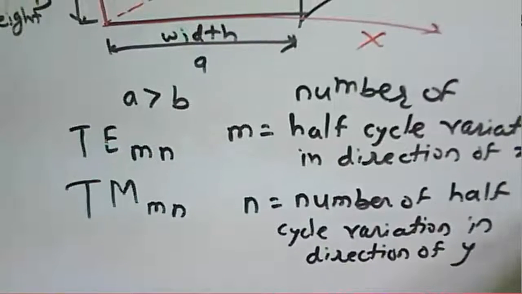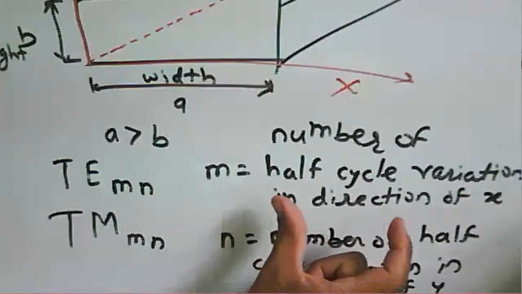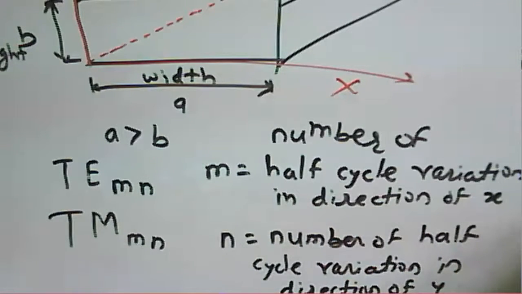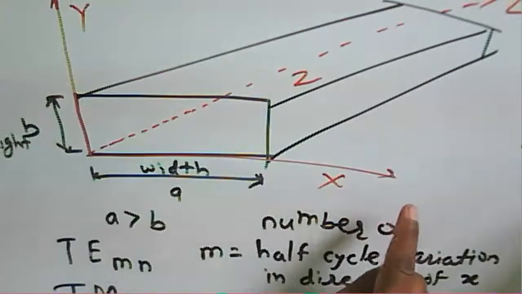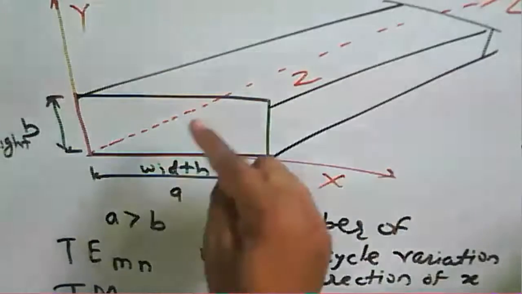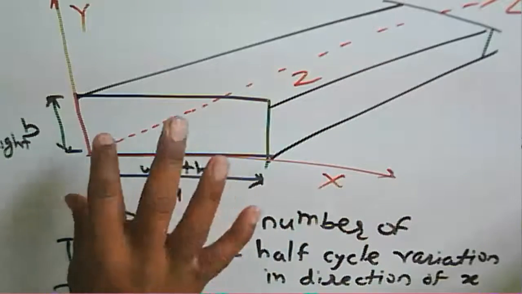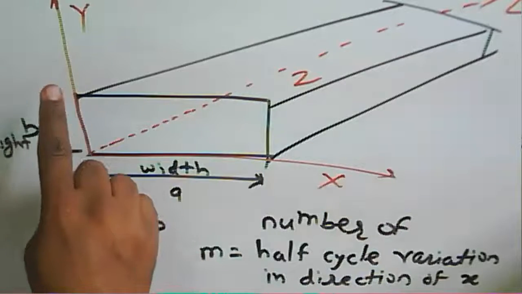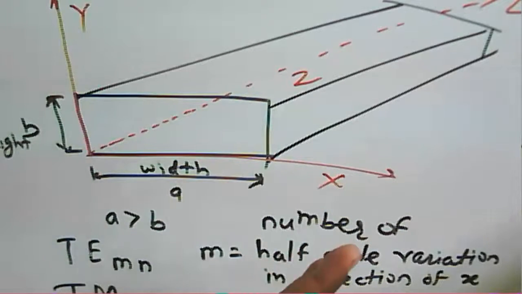So we say that variations, if you remember, are the half cycle variation of x in the given direction. For the given waveguide here, this is about the x here. Suppose the wave is propagating in the z direction, and we have the component of x, that is the electric field, and the component of y, that is the magnetic field. So what will be the variation?